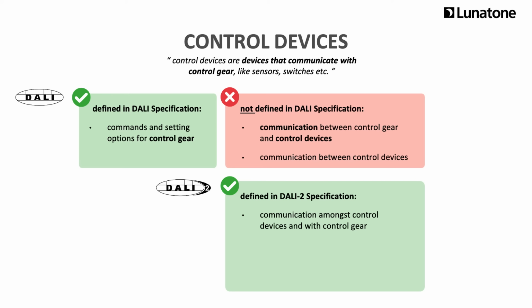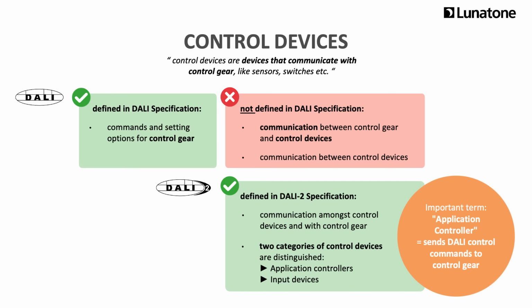There are a few terms you should know when using DALI-2 control devices. We distinguish two categories of control devices: application controllers and input devices. To put it simply, application controllers are all those control devices that send control commands to control gear. For example, a sensor that independently sends commands like on, recall min, light levels, etc. to connected luminaires.